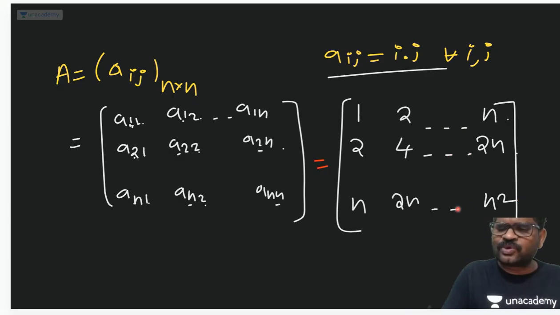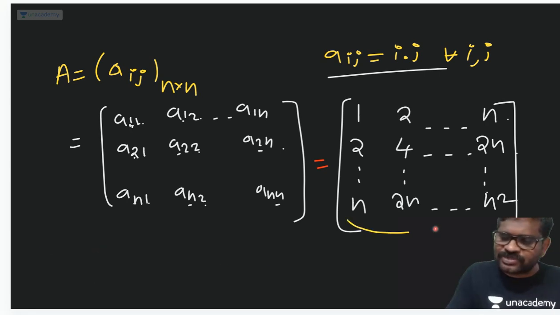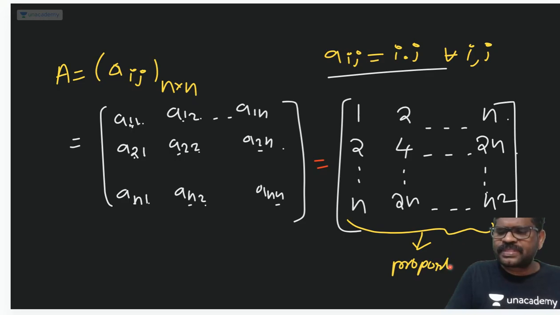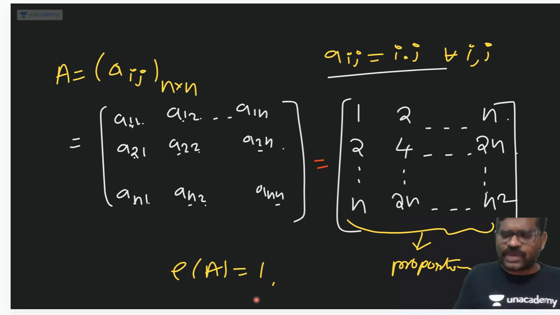All the rows are proportional, or all the columns are proportional. Therefore, rank of A is 1. Understood?